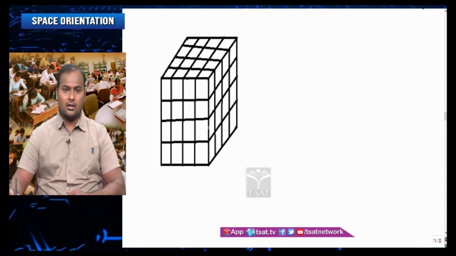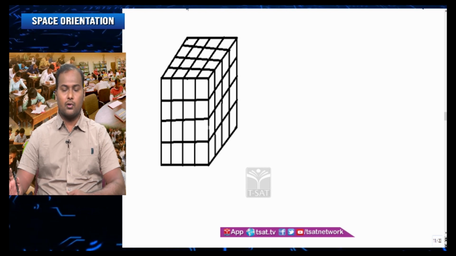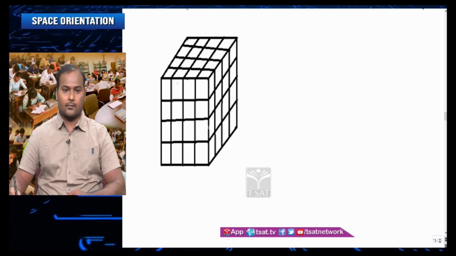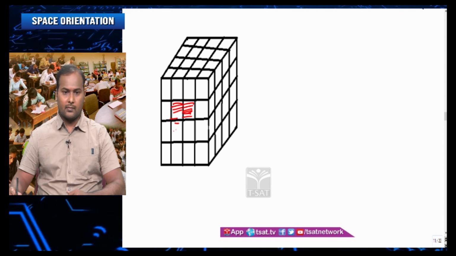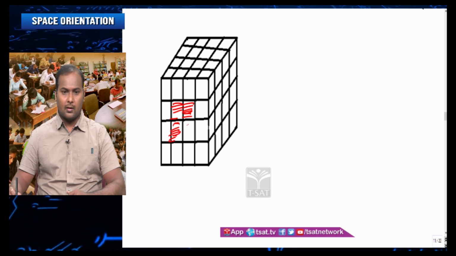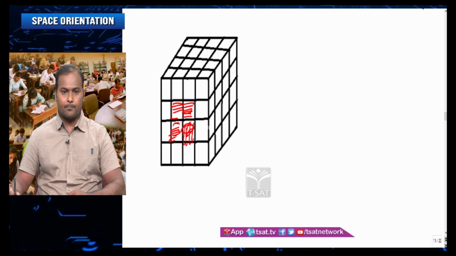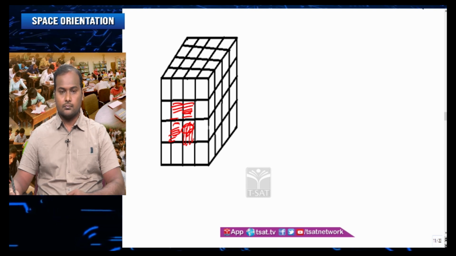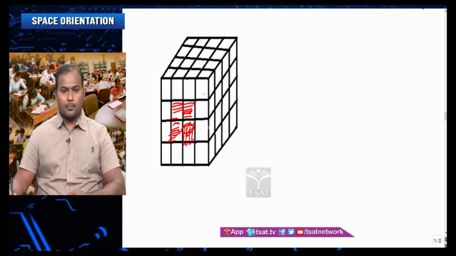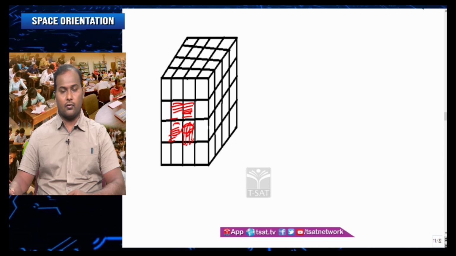The first question, how many small cubes with only one side paint? I already said that one side paint is possible only in the center. See here, this is one side paint, this cube is also one side paint, and this cube is also one side paint. So all these four are present in the center. Per face, 4 are there.